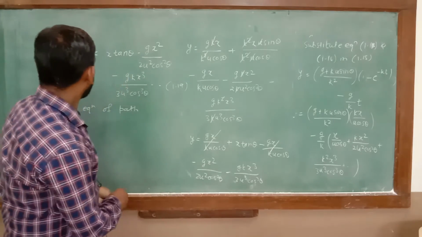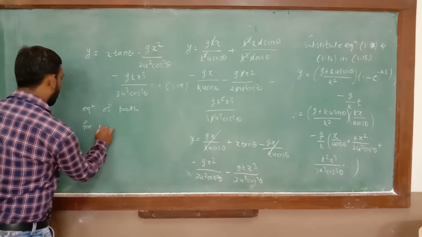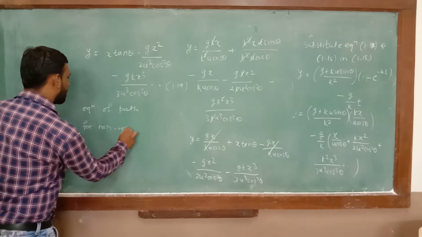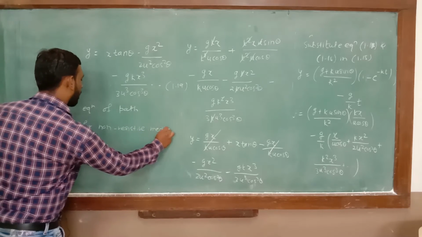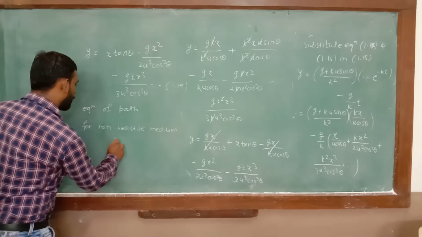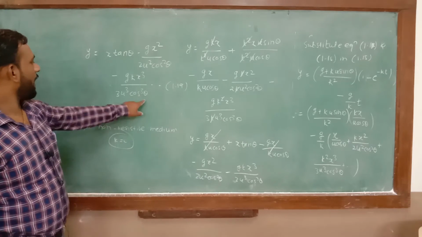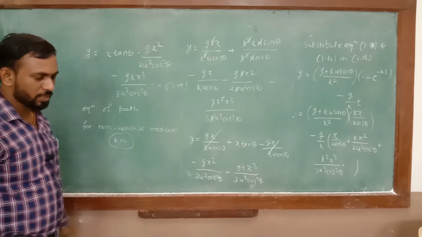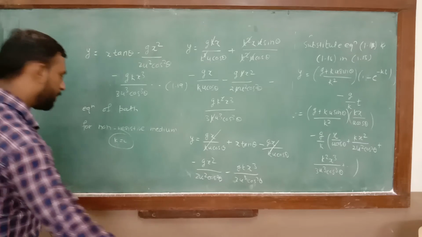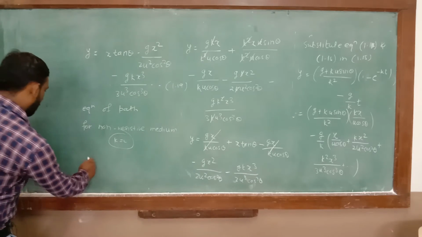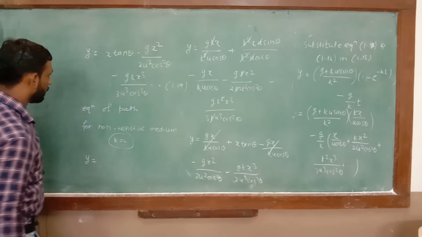So for a non-resistive medium, that is K is equal to 0. If you put the value K is equal to 0 in this equation, we get the normal equation which we already talked about in our T.Y.B.Sc or 12th standard. So instead of K, I just put the value 0.